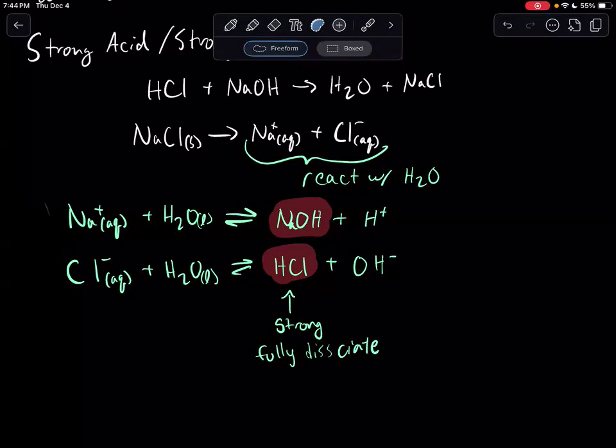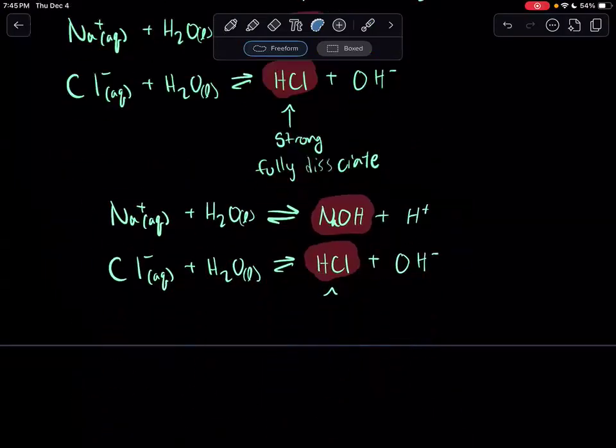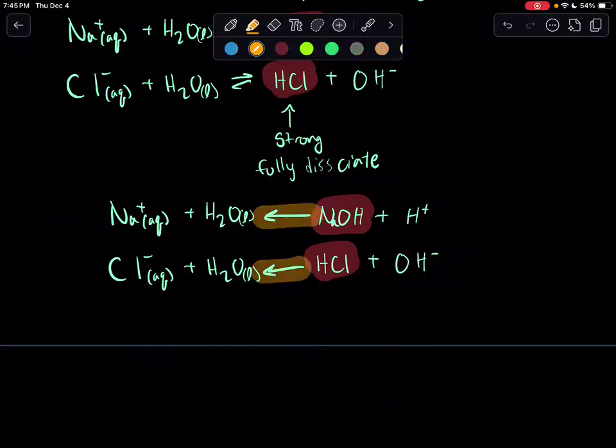So if I were to actually rewrite these equations right here, I'll write them right down here, I would do that without these equilibrium arrows. Because I know sodium hydroxide will actually dissociate, forcing the equation this way, and I know hydrochloric acid will also dissociate, forcing our equation backwards as well.